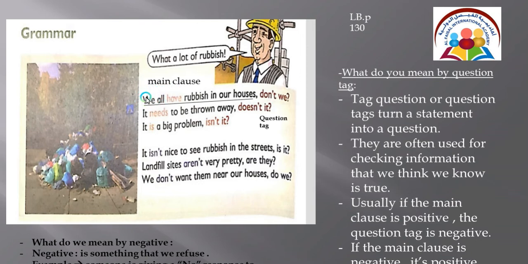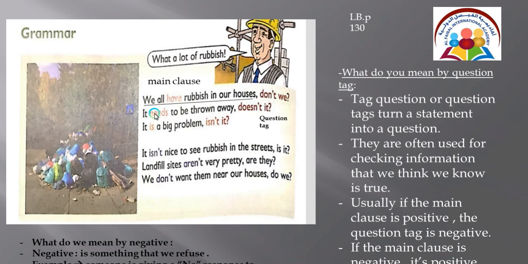So if it's we, plural, we will say don't we. We will not say do, we will say don't we, because as we said before, if the statement is not negative, we have to make it negative. And if the main clause is negative, here we will keep it as a negative.